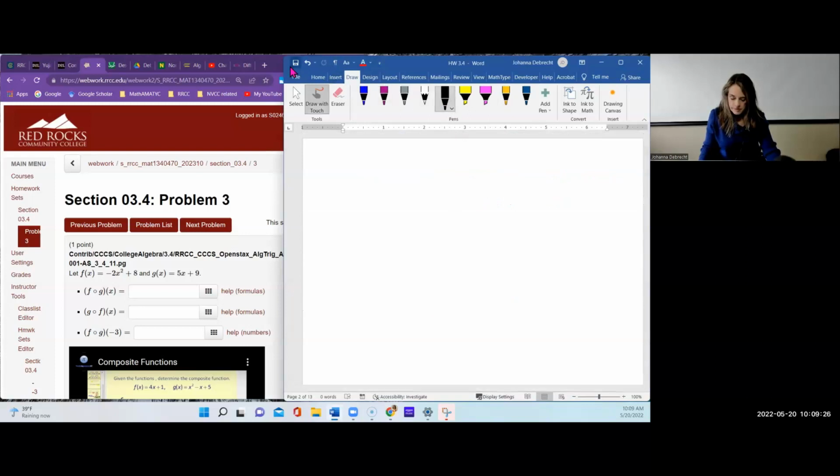When you're doing composition, you're putting one function inside of another function.